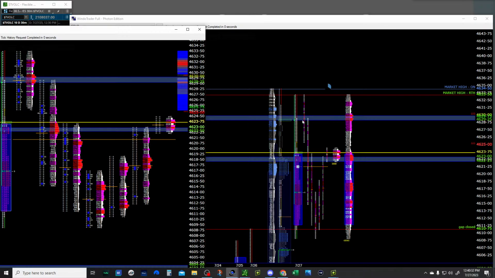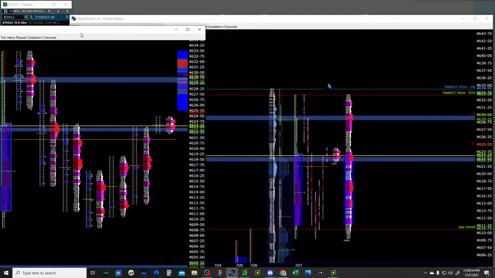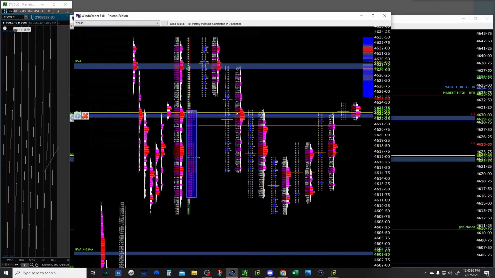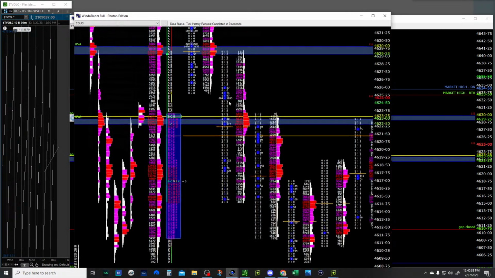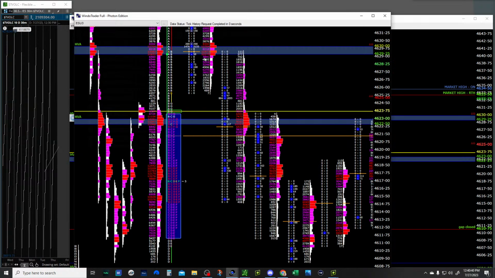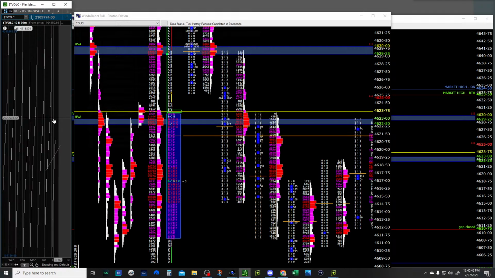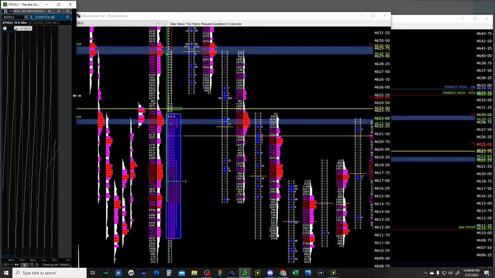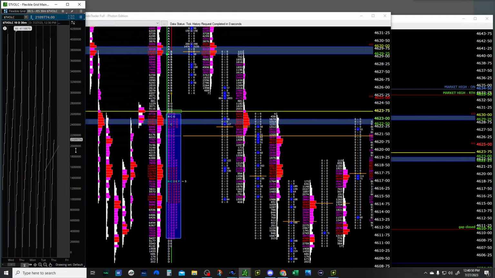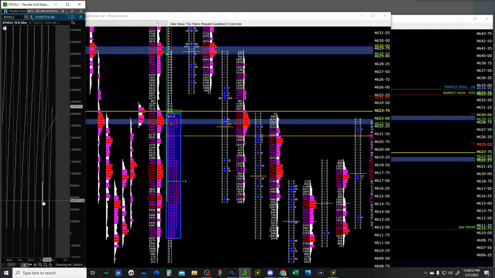When the market started to trade to the downside and started having accumulation here, more volume here. This volume is below this profile, and accumulation even below that. Overall, the market really had good volume.